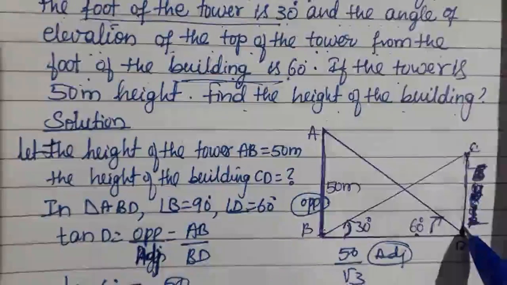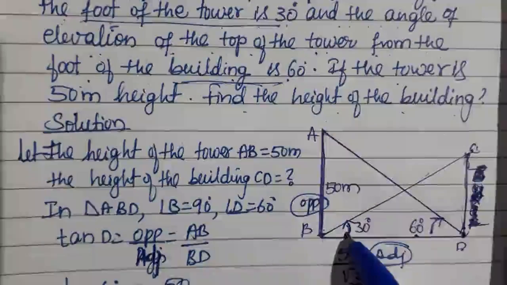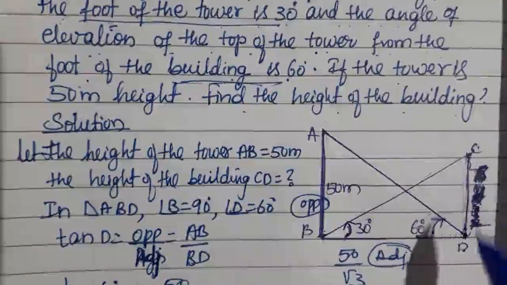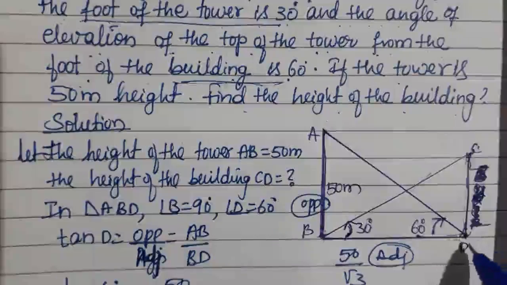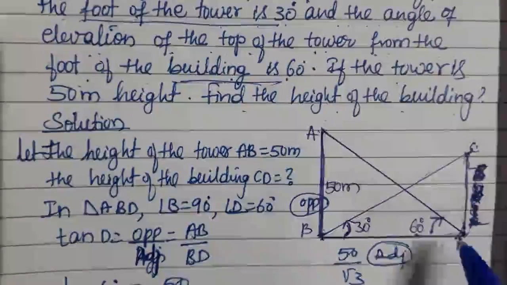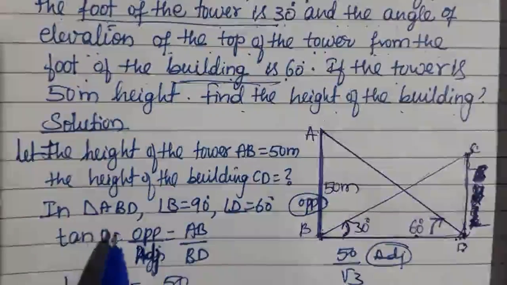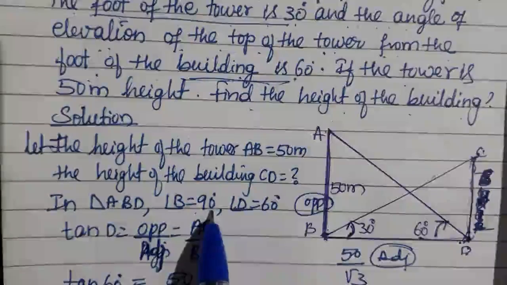To find the height of the building, in this triangle DCB, I have the angle of elevation, that is 30 degree, but I should find BD, then it will be easy for me to find CD. To find BD, I will use this triangle ABD. So, in triangle ABD, angle B is equal to 90 degree.